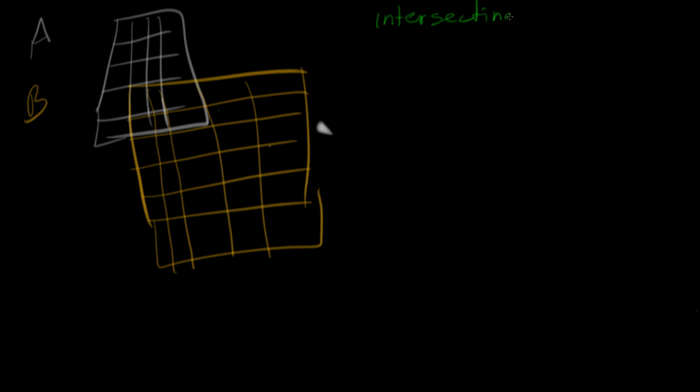So, intersecting rectangle. Left is equal to the maximum of the two left values. So max(A.left, B.left).